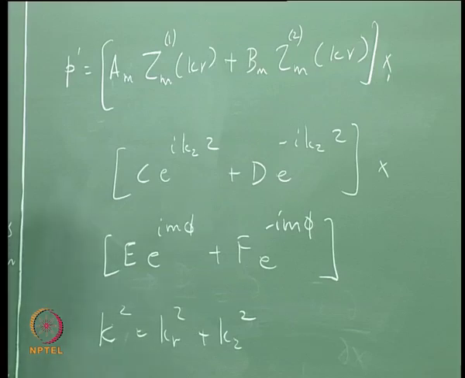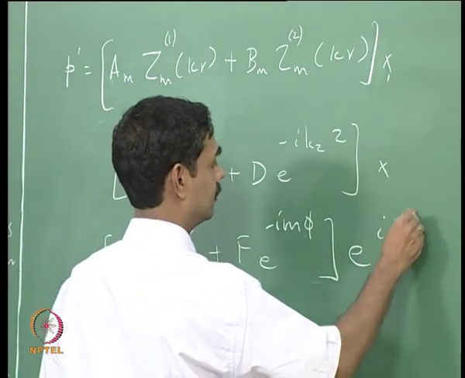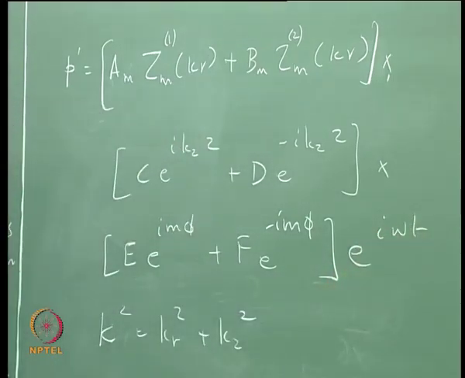So times e to the power i omega t, and it's enough to keep e to the power i omega t or e to the power minus i omega t, you get the same thing.